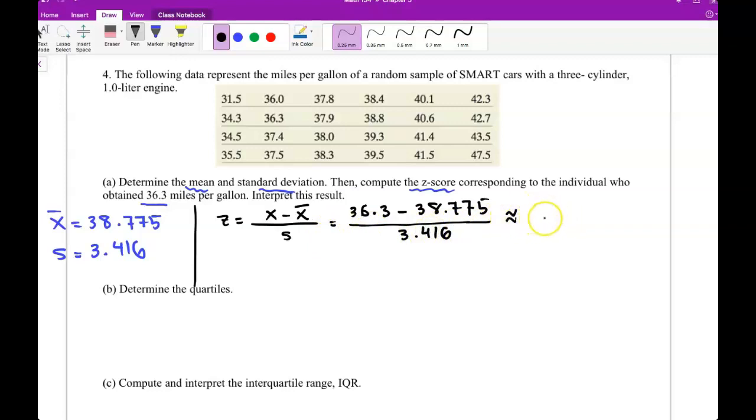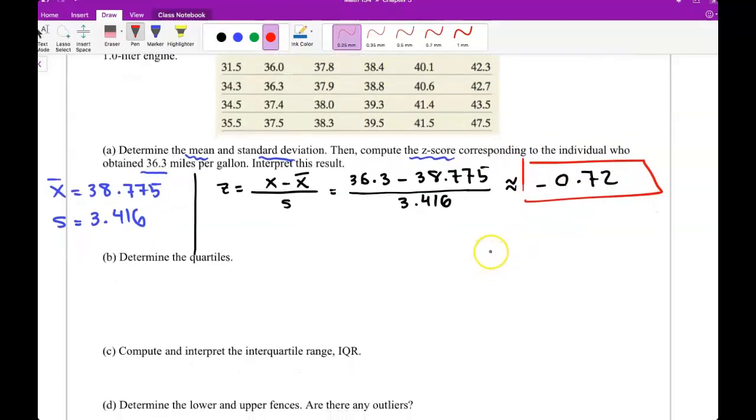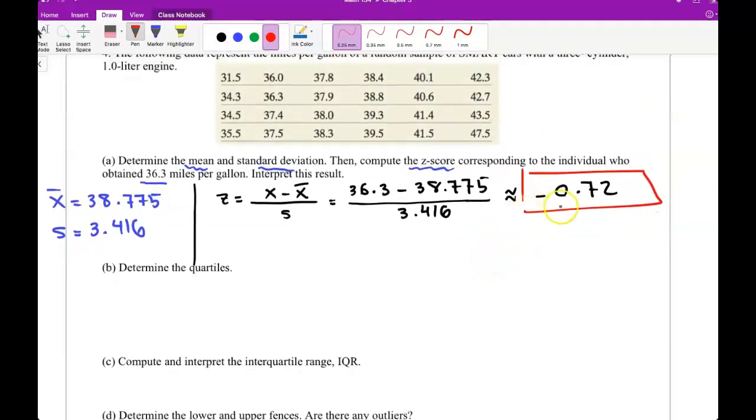So that is negative 0.72. What that means is we have 0.72 standard deviations from the mean.